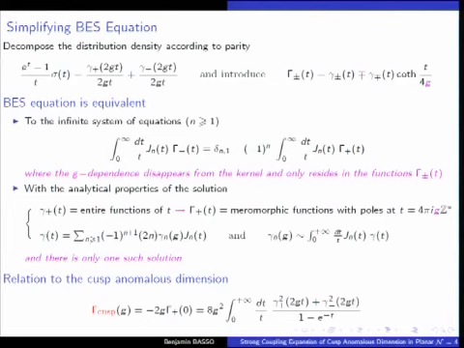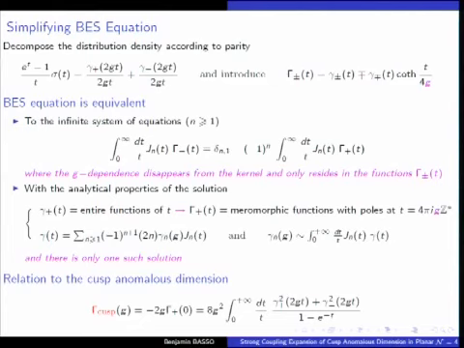So in order to do that, we first have to simplify a bit the BES equation. And so I propose to decompose the solution into two new objects where plus and minus are associated with the parity, so even and odd, and also introduce this new object with the same signification for the plus and the minus.